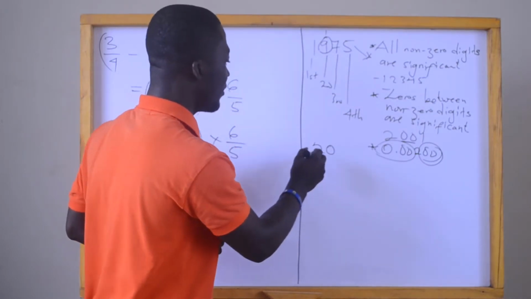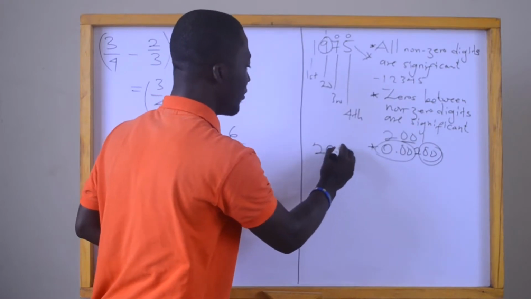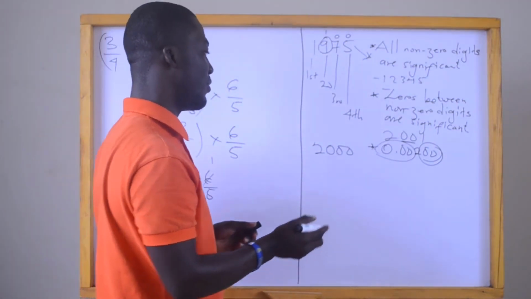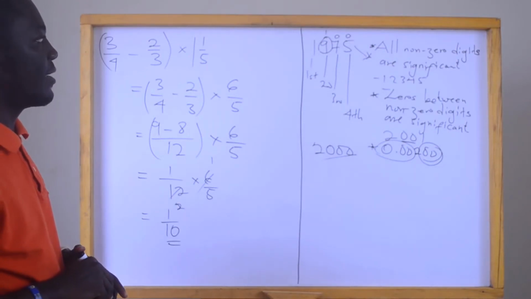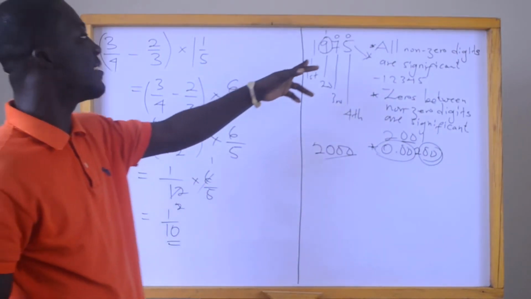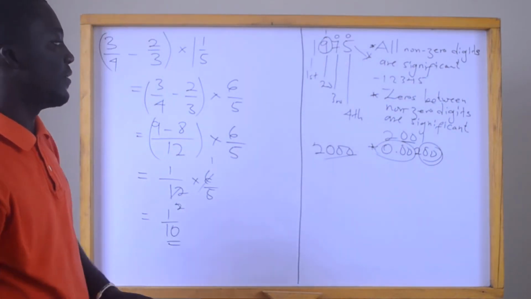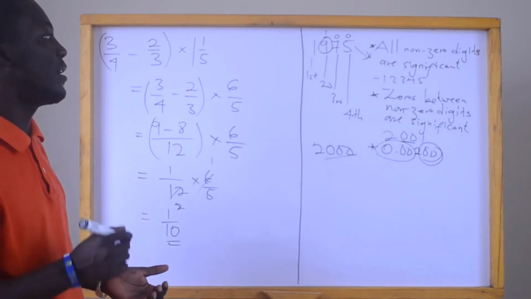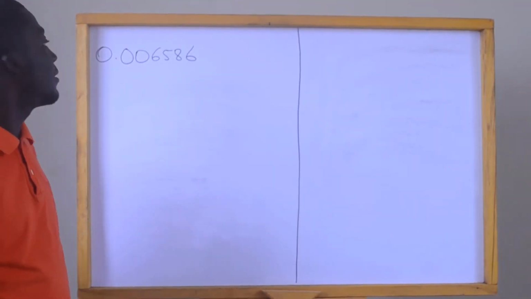At the end we get 20, then the remaining digits change to 00. Then at the end we get 2000. That will be our answer if we want to correct 1975 to two significant figures.